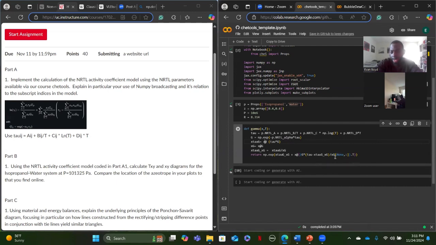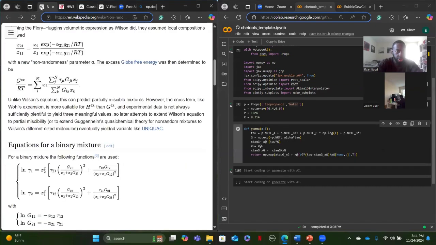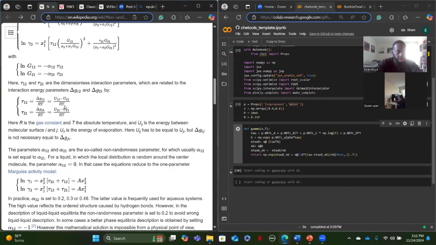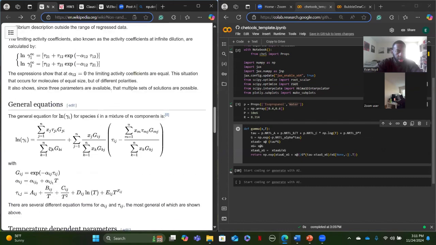And also I forgot to add that our xG, for our bottom, actually does need broadcasting as well. I can show it real quick: pull this out, change this to an x, shift enter.